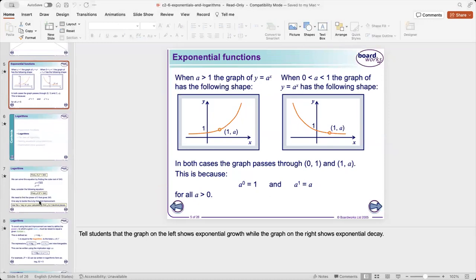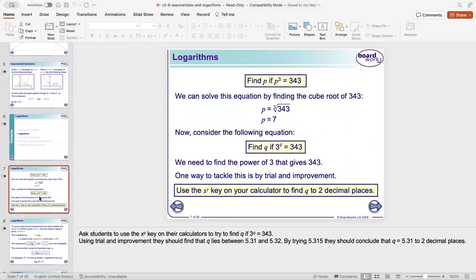So let's quickly look at this: find P if P cubed equals this. When you say P cubed equals that, you have to do the opposite of cube. The opposite of cube is cube root. What's the cube root of 343? That's 7.